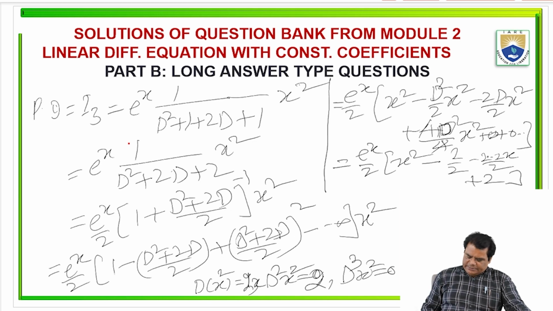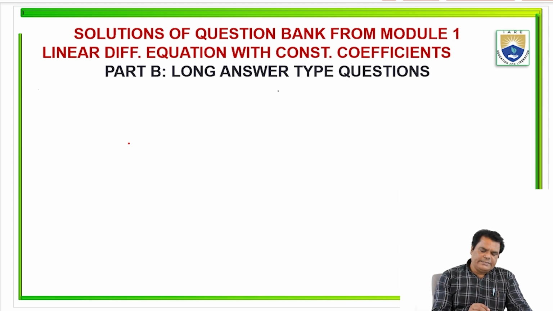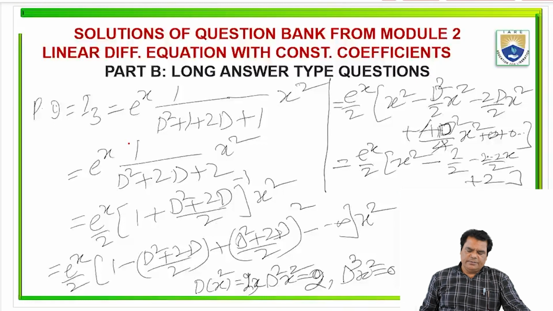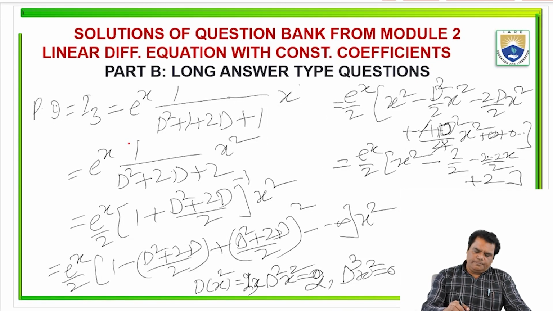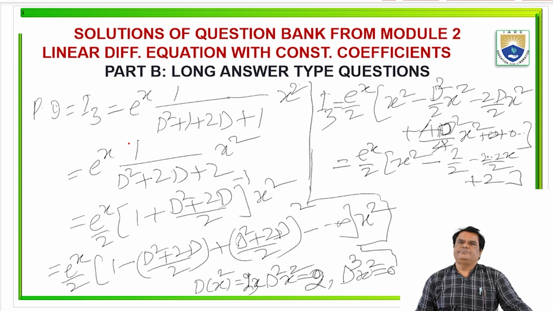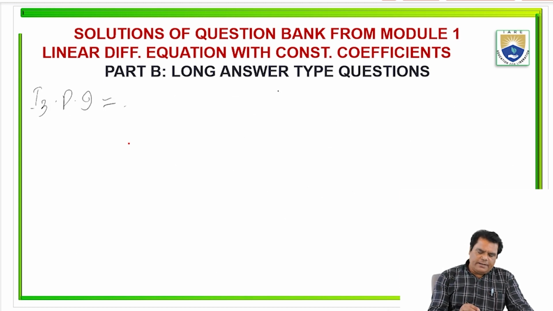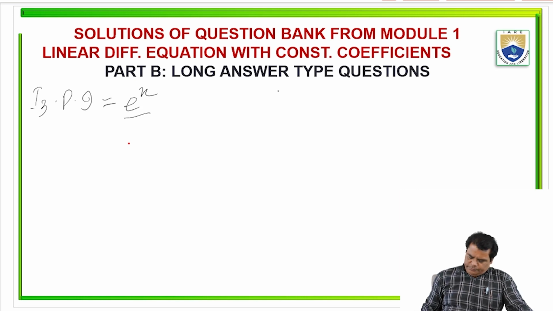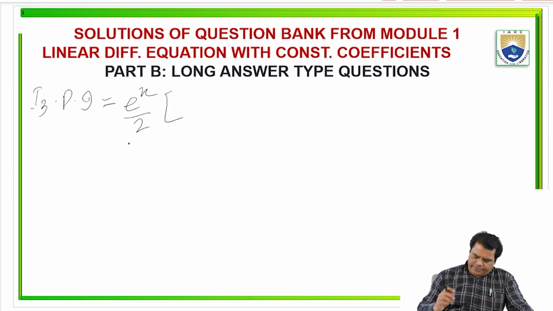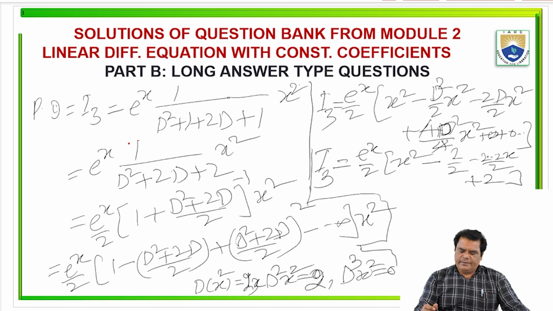So finally PI of I3 is e to the power x upon 2 and in the bracket, what is in the bracket here?